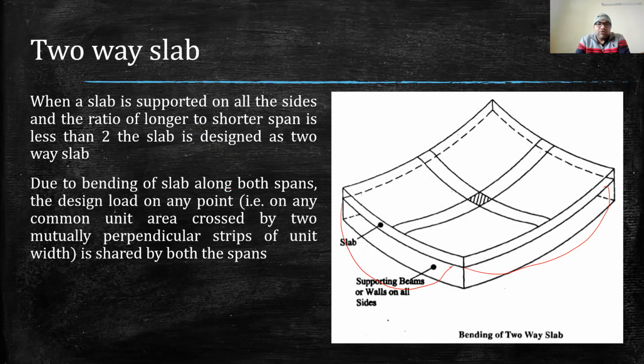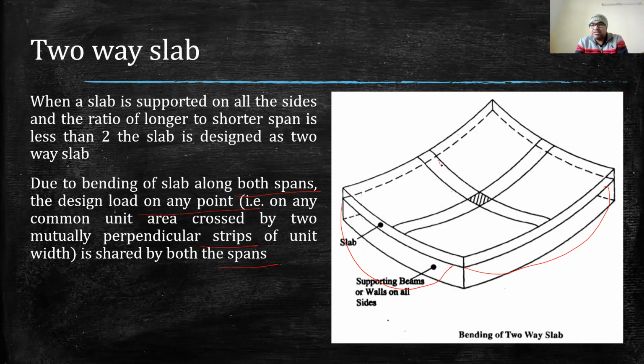Now, due to bending of slab along both the spans, the design load on any common unit area crossed by two mutually perpendicular strips of unit width is shared by both of the spans. As I have explained earlier, generally we design slab as a unit strip. In case of two-way slab, we will be considering a unit strip for both the spans.